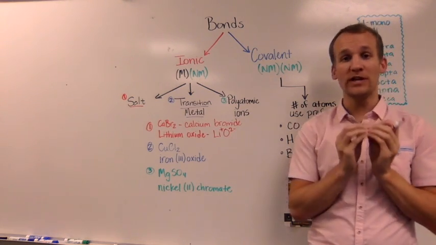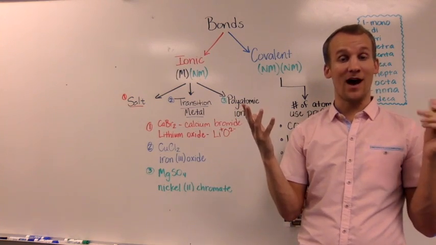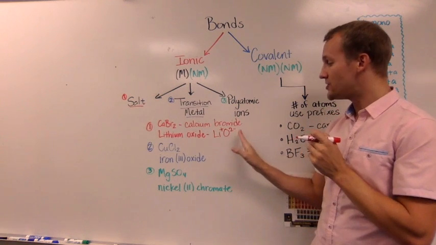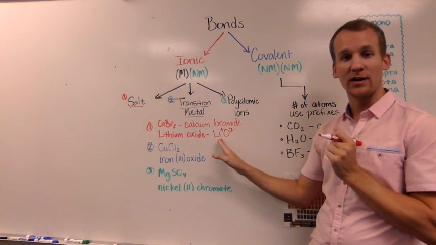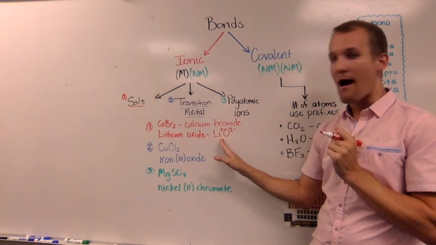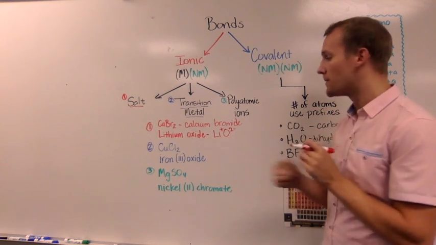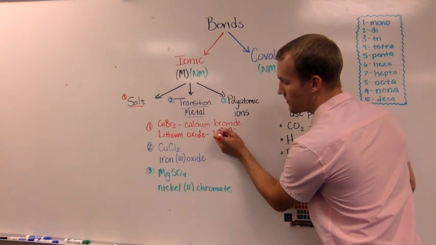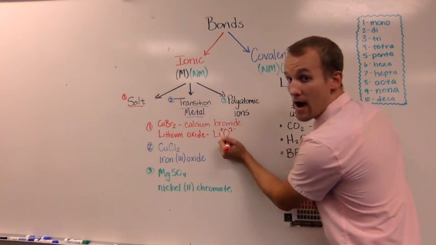So if those don't equal 0, just like we did in our last video, we need to do the crisscross method. We take the charges and move them to be our subscripts down here. We take the 1 charge from lithium, and the 1 comes down by oxygen.